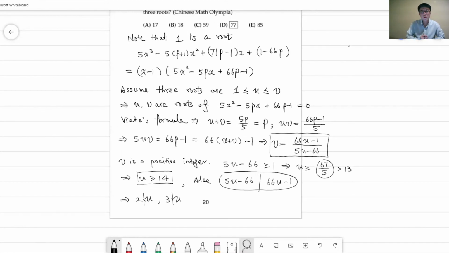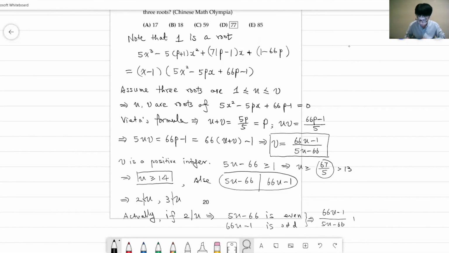If u is a multiple of 2, we have that 5u minus 66 is even, and 66u minus 1 is odd. This implies (66u minus 1) over (5u minus 66) is not an integer, so it's not satisfied.